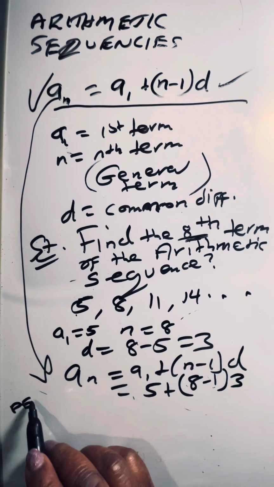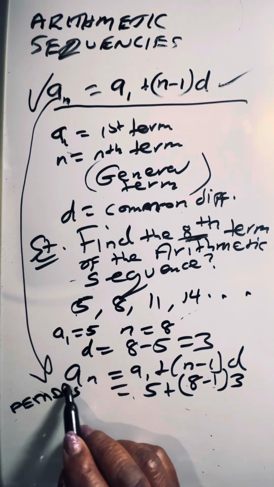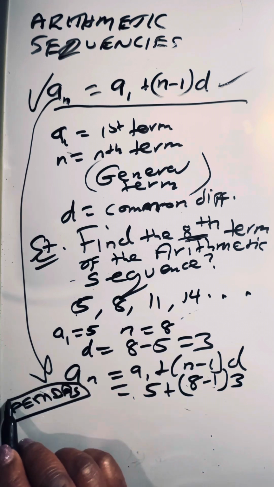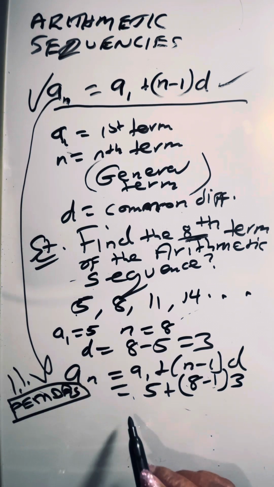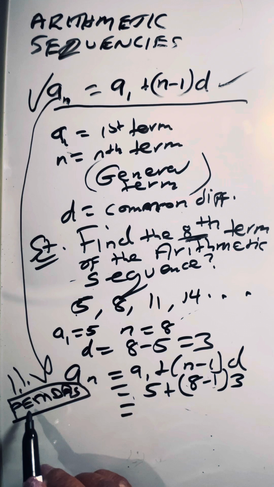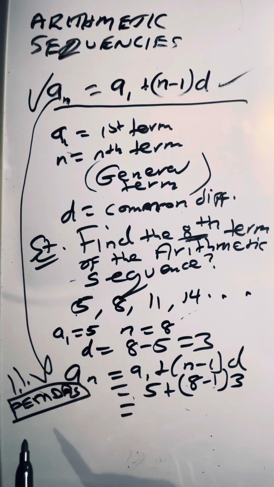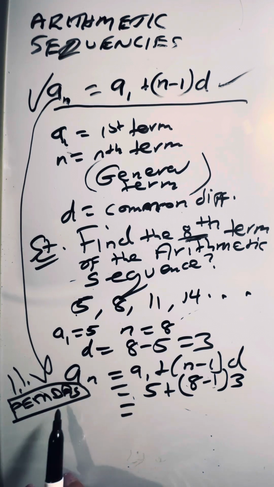Remember this nice formula you learned a long time ago? PEMDAS. It comes back. So when we're making these calculations, parentheses are over exponents, exponents are over multiplication, multiplication is over division, division is over addition, and addition is over subtraction.